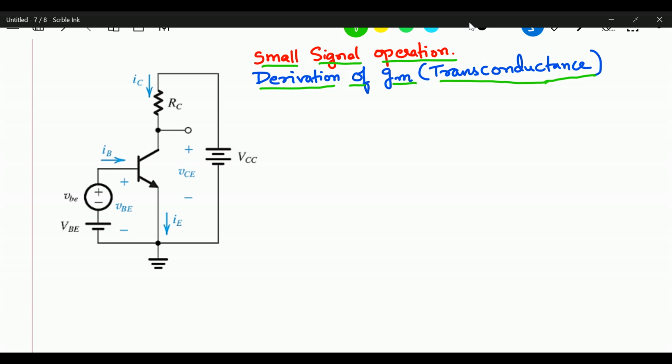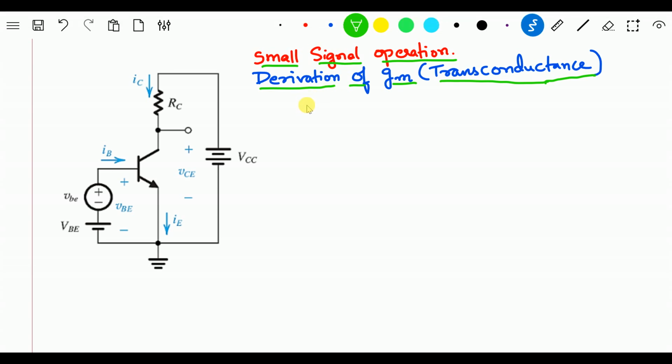Whenever we take any transistor, we do two types of analysis. One is the DC analysis, and the other one is the AC analysis.